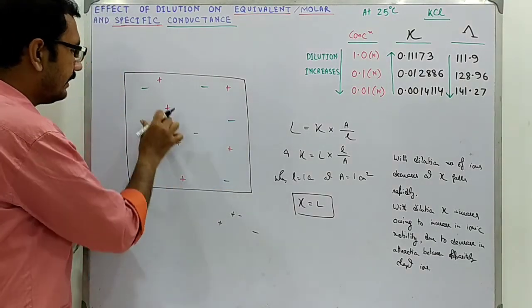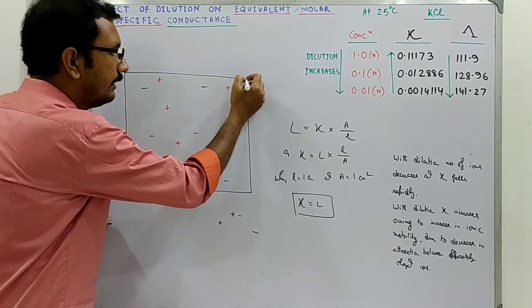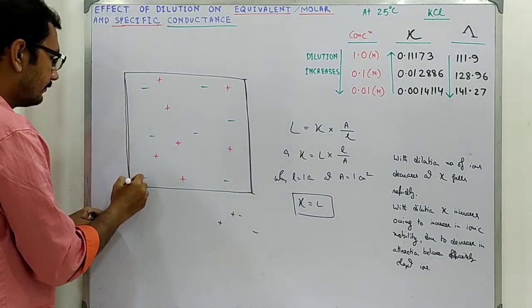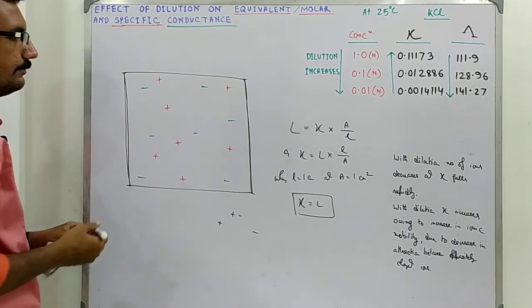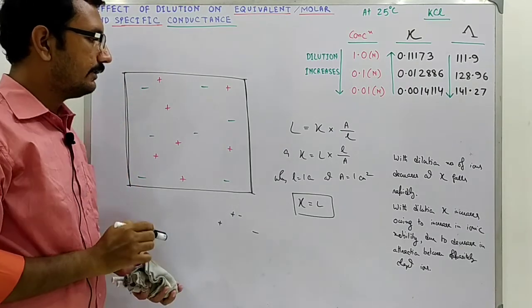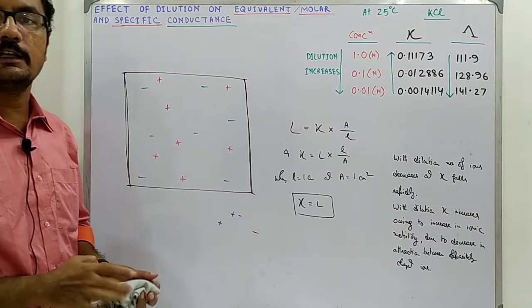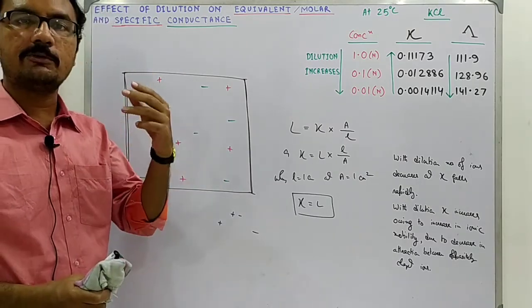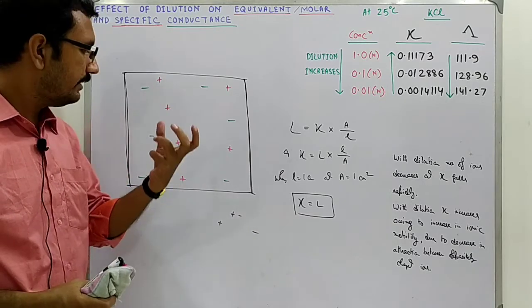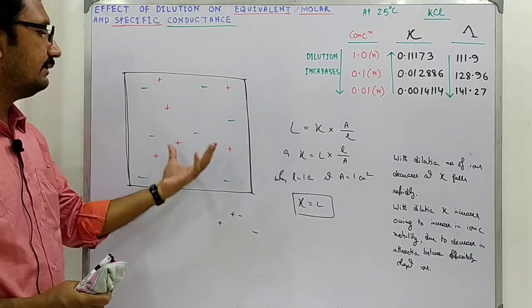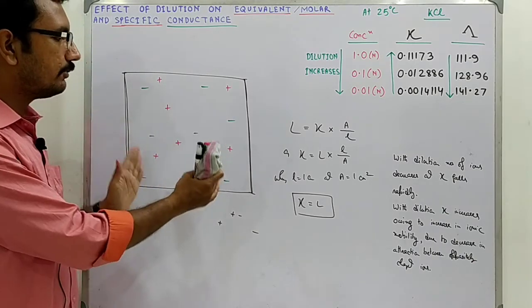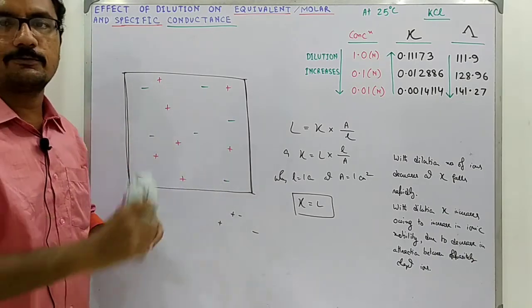So, in that case, you have to take this one as the electrode. Why? Since in the definition, the entire solution containing 1 gram equivalent of electrolyte must remain present within the space between the two electrodes which are placed 1 centimeter apart from each other.